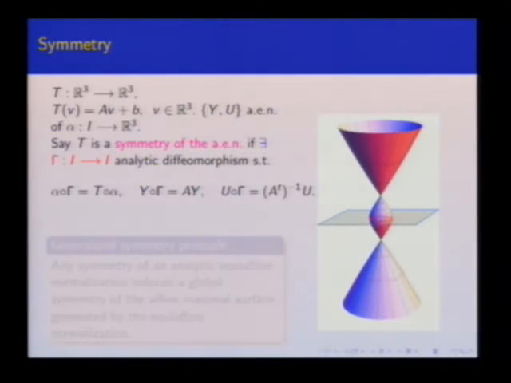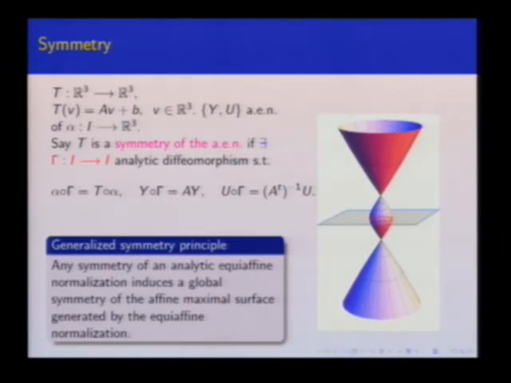For instance, if we consider an equiaffine transformation T, we say that T is a symmetry of an analytic equiaffine normalization (y, u) of a curve alpha when the transformation here leaves invariant the data here.